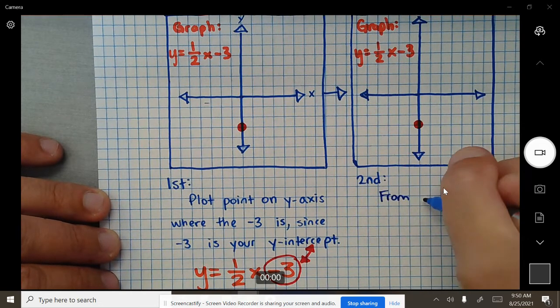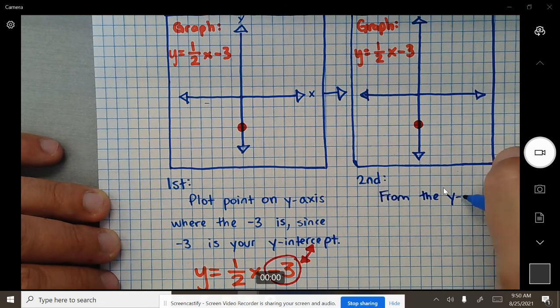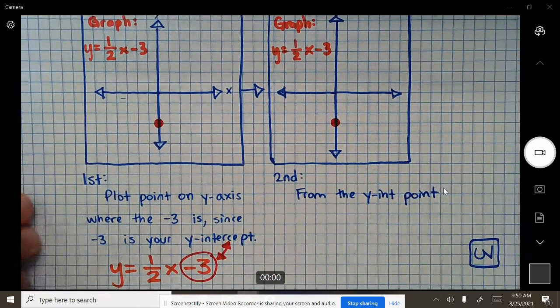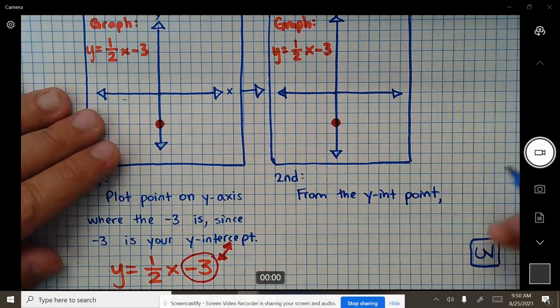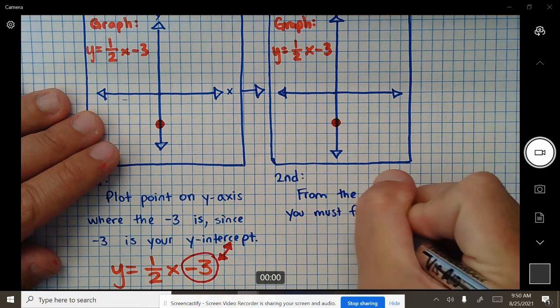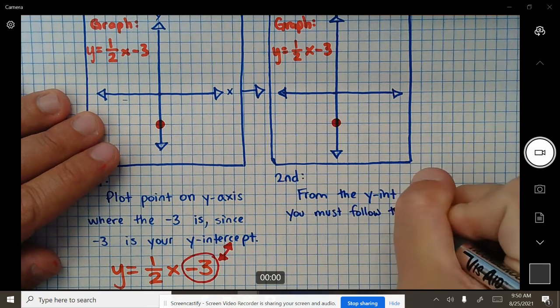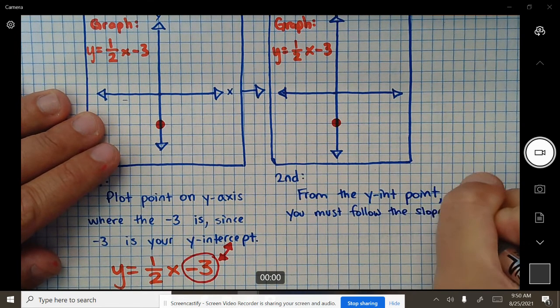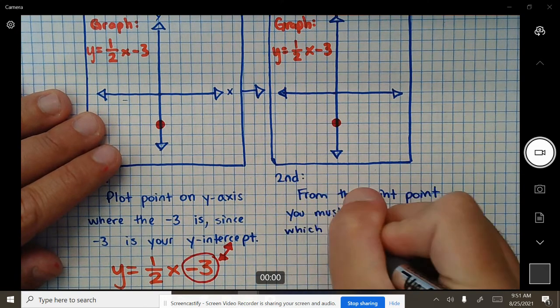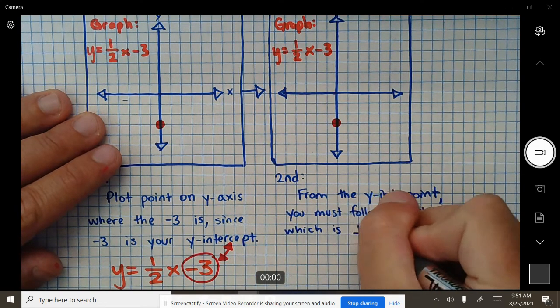From the, I'm going to abbreviate this, y-intercept point. From the y-intercept point, let's get over. You must follow the slope, which is 1/2.